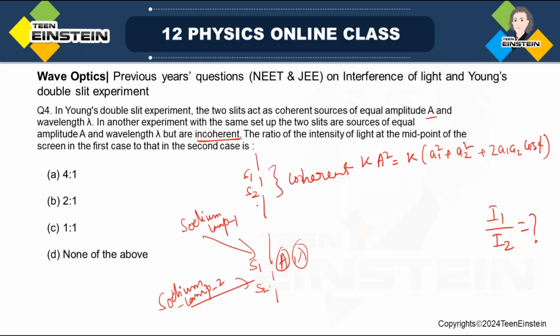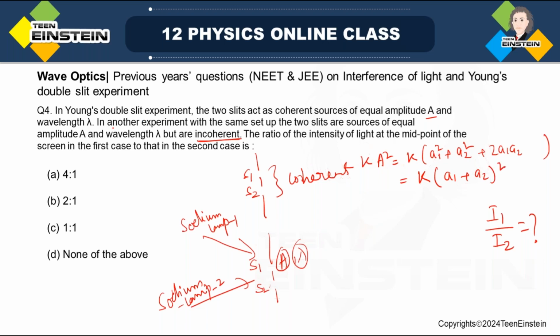Now when they meet at the midpoint, the phase difference phi will be 0. So cos phi is 1, and what you get here is k(a1 plus a2) whole square, right? This is what you get.